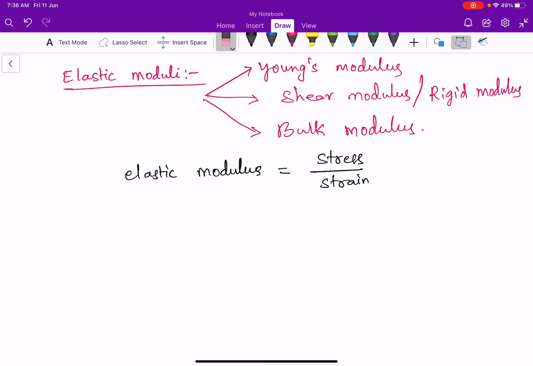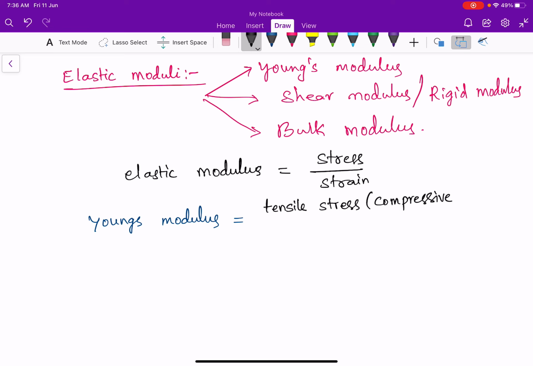The first elastic modulus that we are going to discuss is Young's modulus. Young's modulus is also one kind of elastic modulus. Its definition is the ratio of tensile stress or compressive stress, in both cases. Observations have concluded that the elongation is the same in both cases.